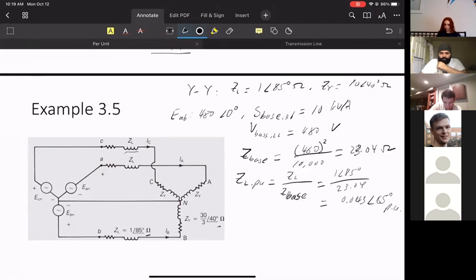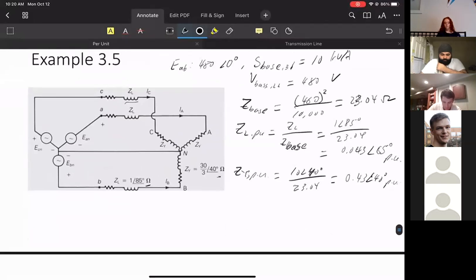Then we have the ZY per unit. This is 10 angle 40 divided by 23.04. So we get 0.43 angle 40 per unit. All right, so these are the per unit impedances on both sides.